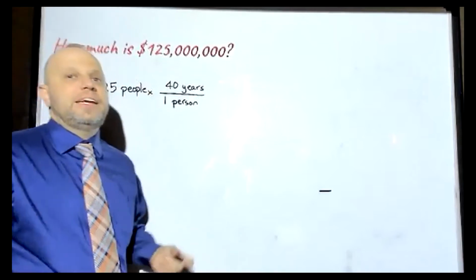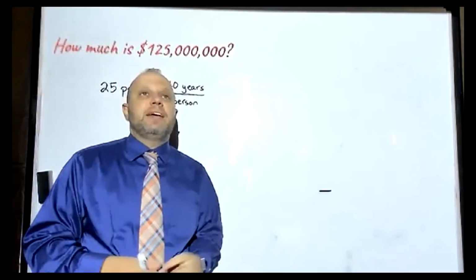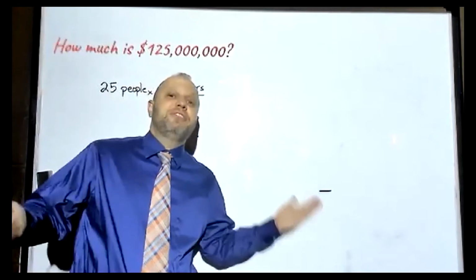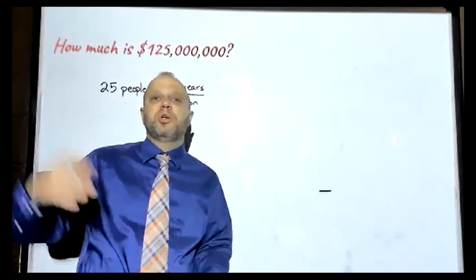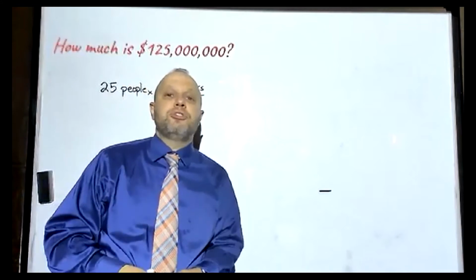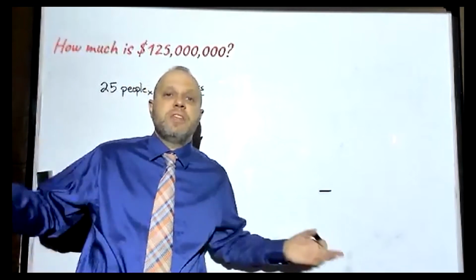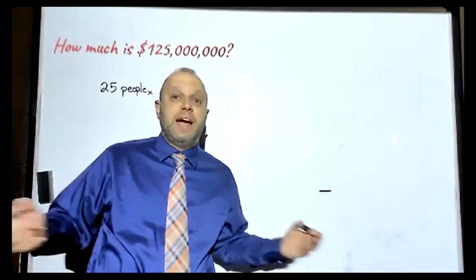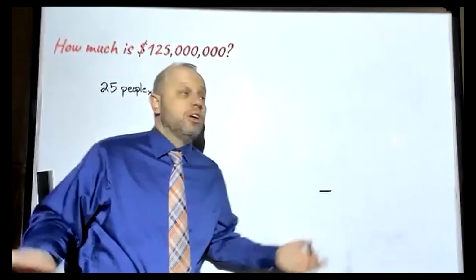Now, let's say on average that we make a salary of, when we start, $50,000, and when we finish, maybe we're doing really well and we make $150,000. So on average over that 40-year span, let's just call it an even $100,000. That would be an excellent salary for us.